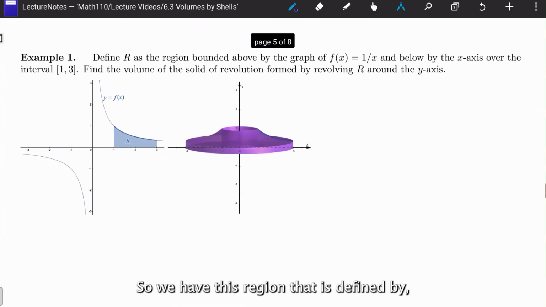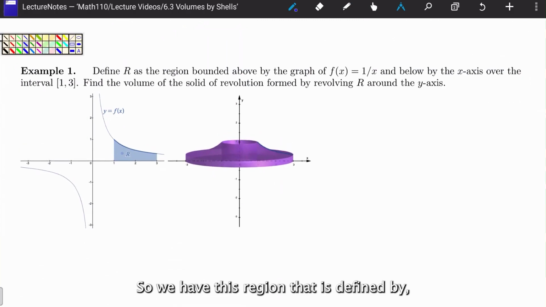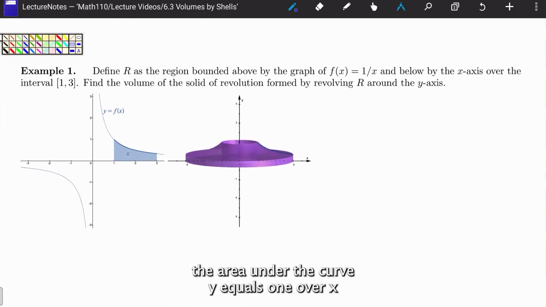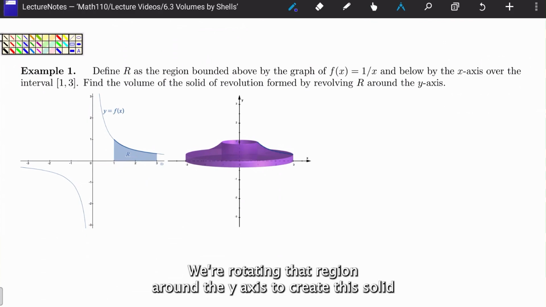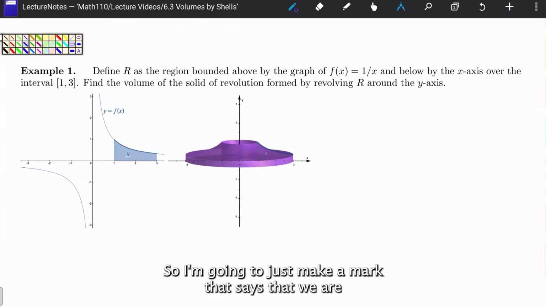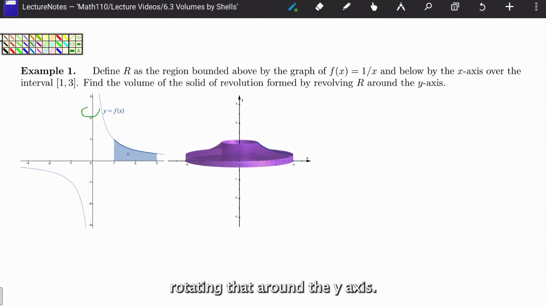So we have this region that is defined by the area under the curve y equals 1 over x, for x goes from 1 to 3. We're rotating that region around the y-axis to create this solid. So I'm going to just make a mark that says that we are rotating that around the y-axis like this.